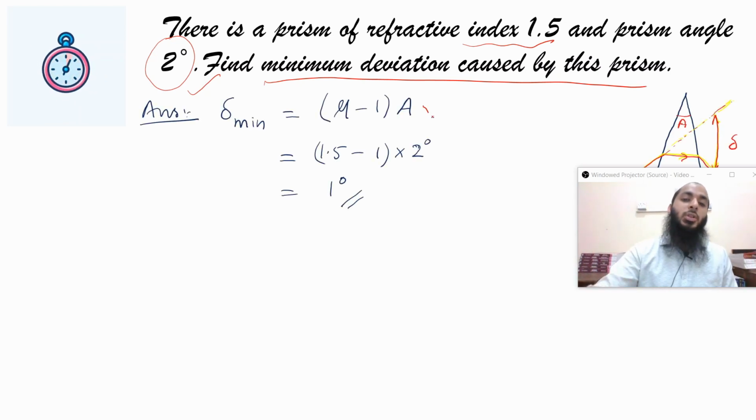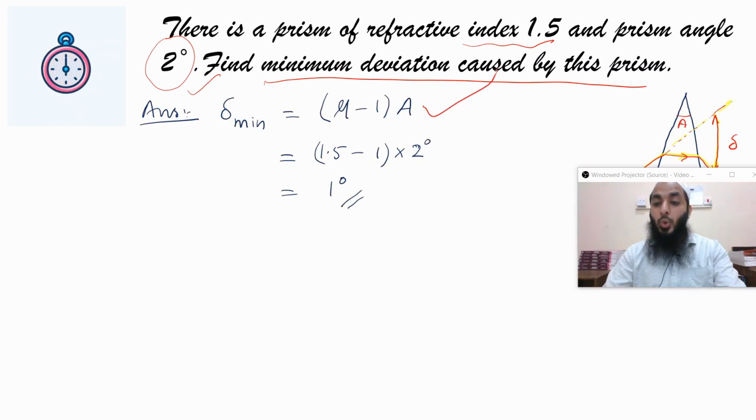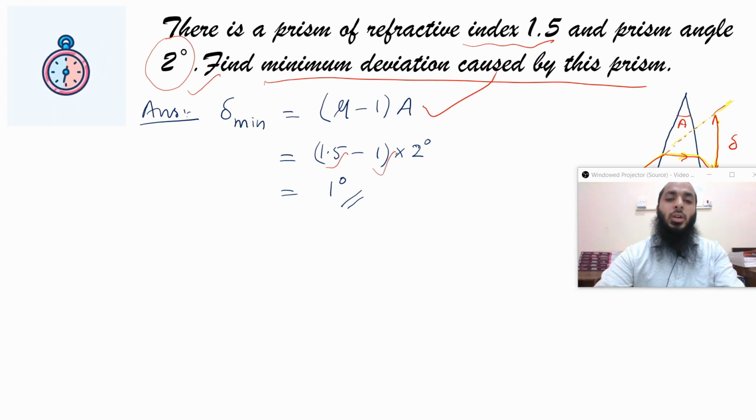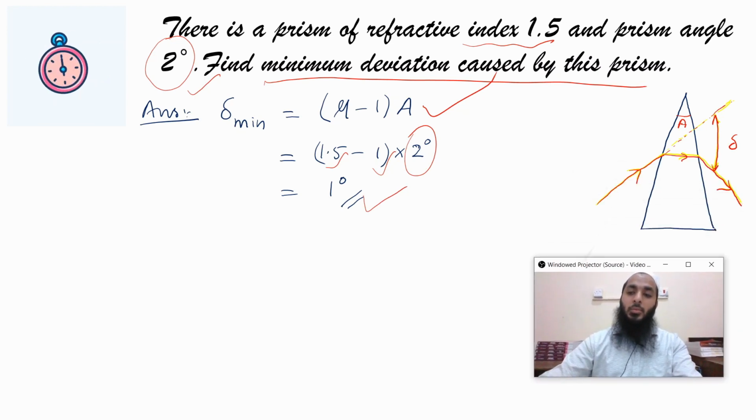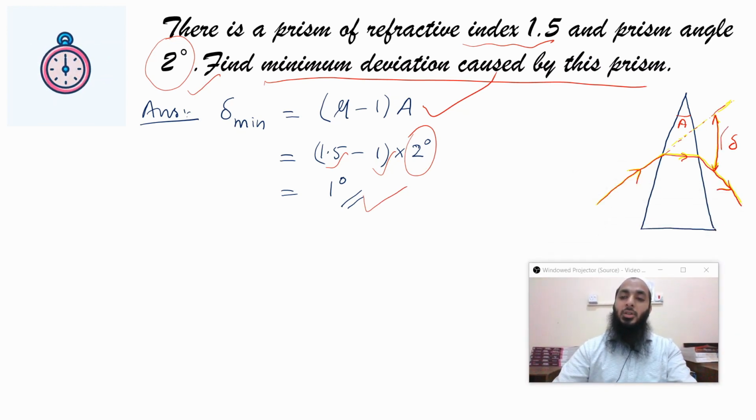The simplified equation, delta minimum equal to mu minus 1 into A, can be used. It's a very simple question. Direct substitution: mu is 1.5, minus 1, into 2 degrees, and the minimum deviation is 1 degree. This is the deviation, and it will be minimum if this condition applies.